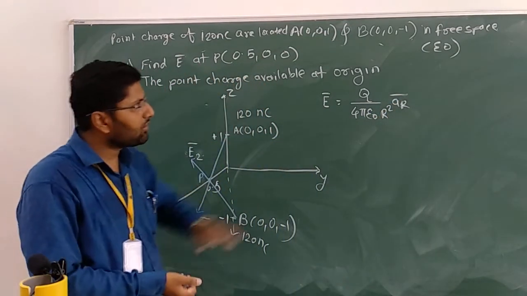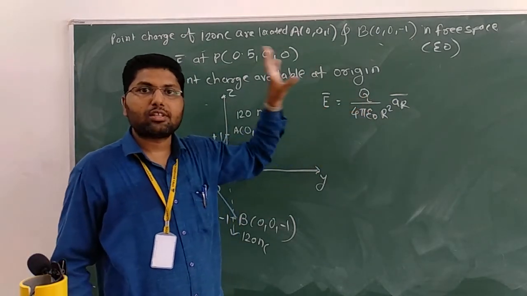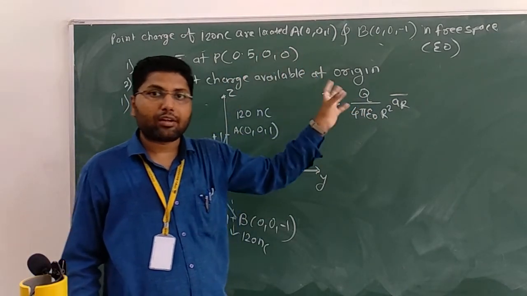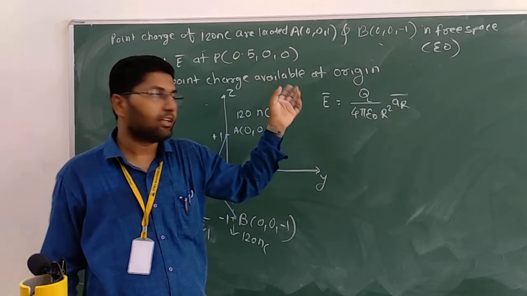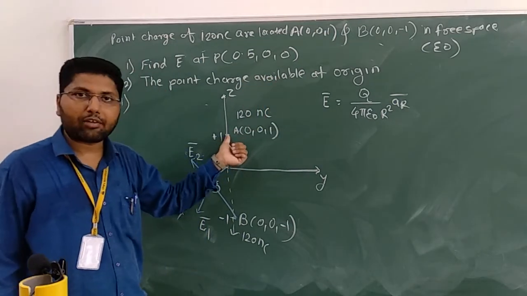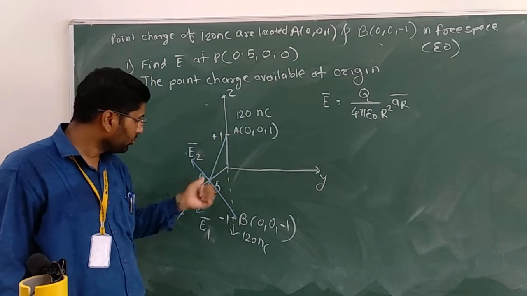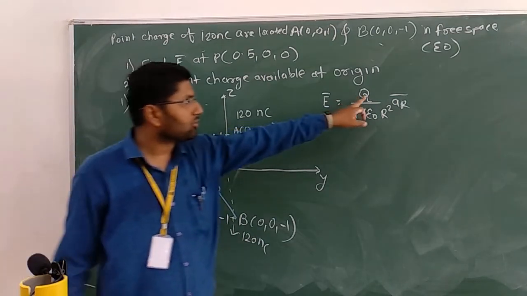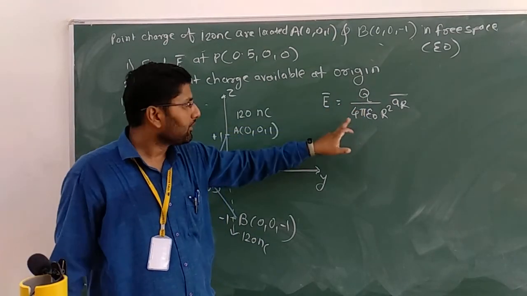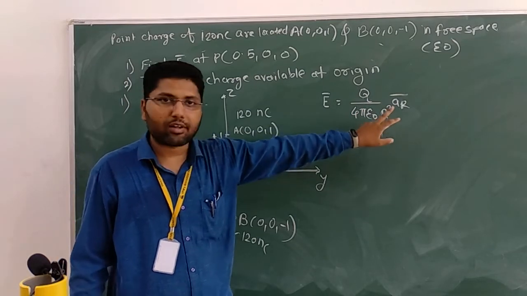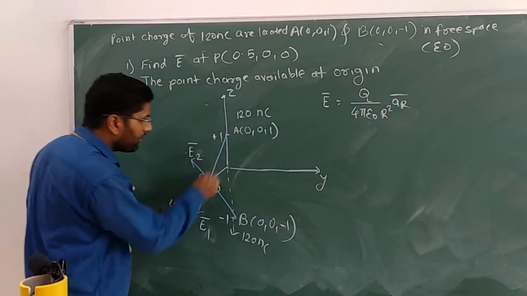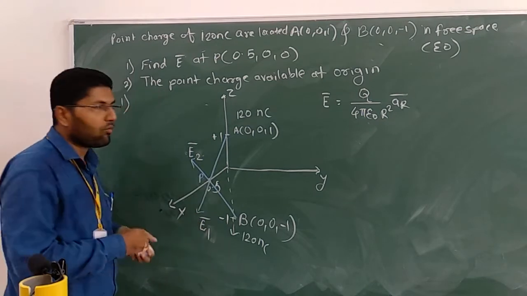Now what is Q here? Q is the charge from where you are starting with the electric field intensity. Means from here you have to calculate the electric field intensity to this point. So this charge you have to write here, 4 pi epsilon 0 r square. Now you have to draw the r. From where to where?